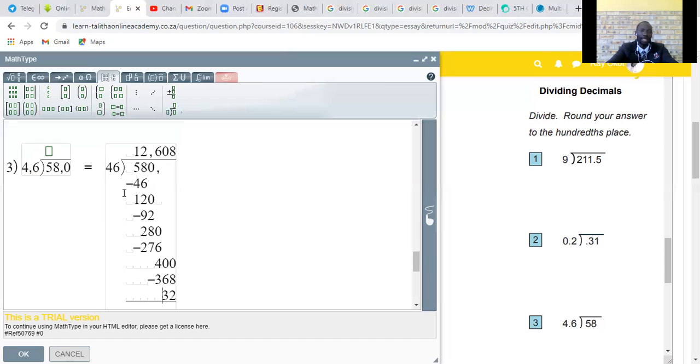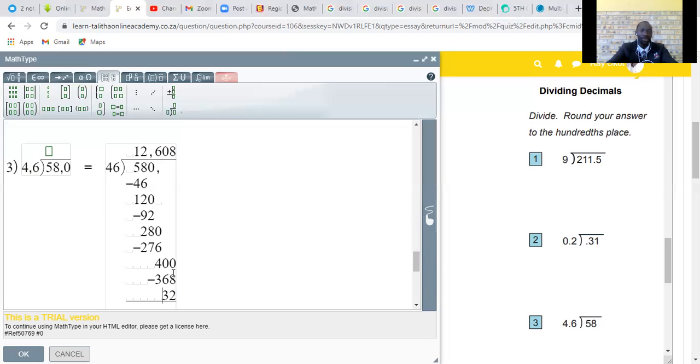So what is this then supposed to mean? Well, we put a decimal point there and we add a 0 here. Now, 280 can be divided by 46. In other words, 46 will enter into 280 6 times. So that 6 by 46 is what? 276. When we get the difference, it will be 4. Now, 4 cannot be divided by 46. In other words, 46 will enter into it 0 number of times. That will give us 40.